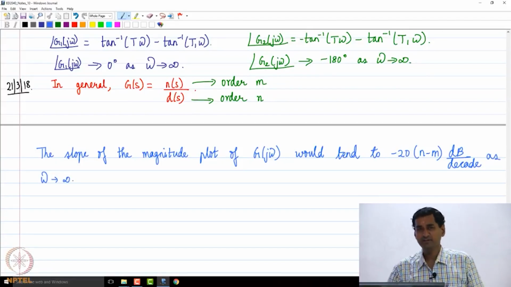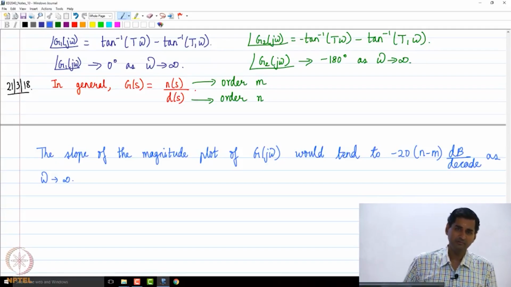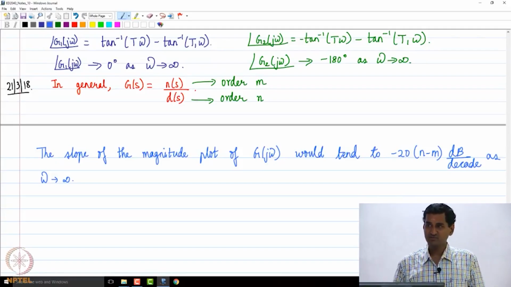This is true for both minimum phase and non-minimum phase systems. Essentially n minus m is the relative degree of the transfer function, so the slope of the magnitude plot is always going to tend to minus 20 times (n minus m) decibels per decade, irrespective of whether we have a minimum phase or a non-minimum phase system.